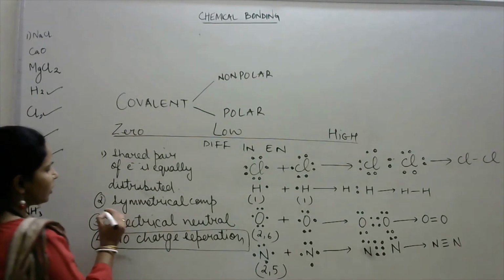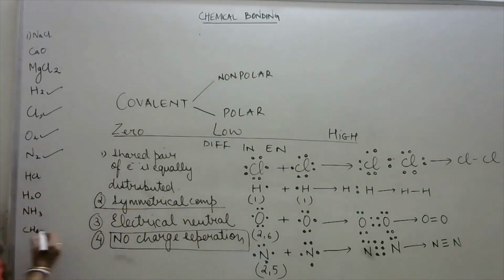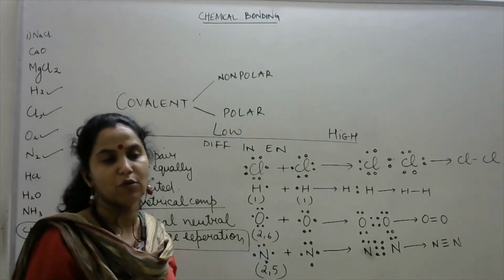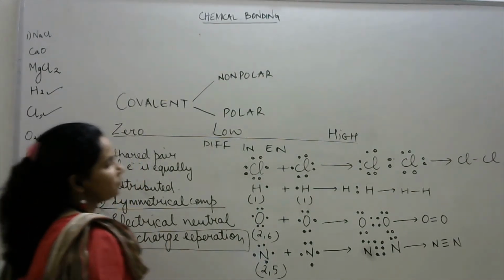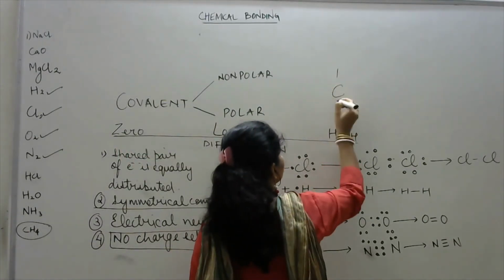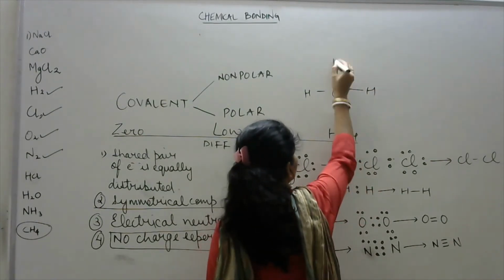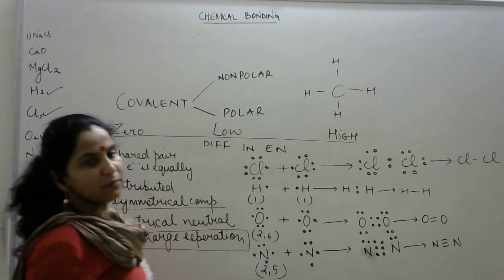Now one more word we had here, and this was symmetrical compound. I have one more compound here, and this is CH4, methane. Methane is a symmetrical compound. If you look at the structure of methane, you will see that methane is something like this. H, H, H, and H. It is a symmetrical compound.